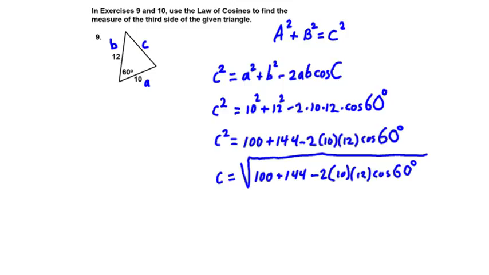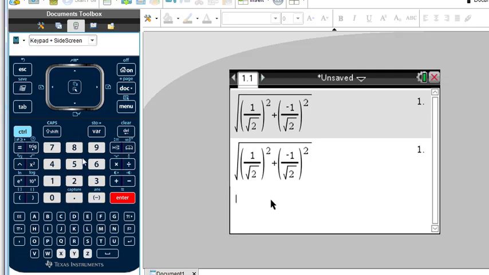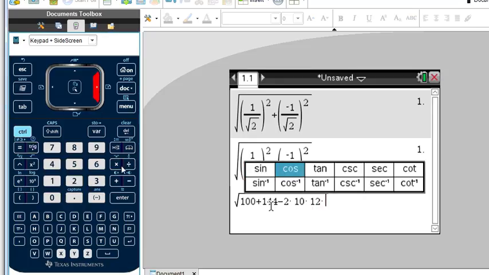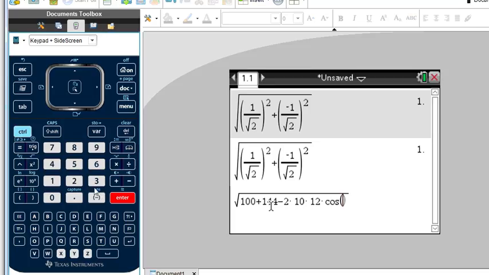Okay, and going to our calculator, here's our calculator, and I'm going to take the square root of 100 plus 144 minus 2 times 10 times 12 times the cosine, we go to that trig button, cosine of 60 degrees.